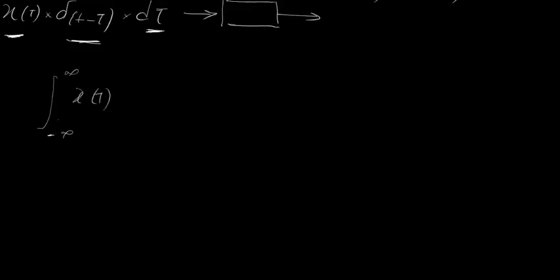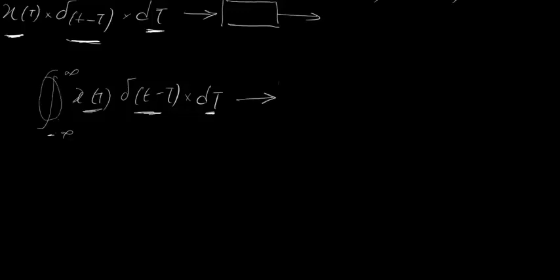I took the delay that I applied to delta, and I let that tau vary from minus infinity to plus infinity. I'm trying every one of these, so x of tau times delta of t minus tau multiplied by d tau, and simply adding them up, because an integral is nothing but an infinite sum.